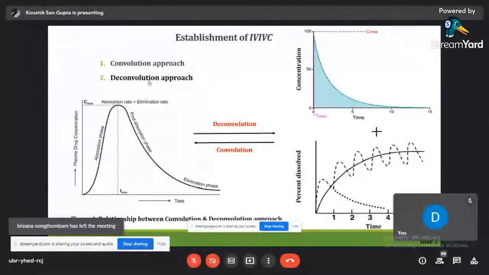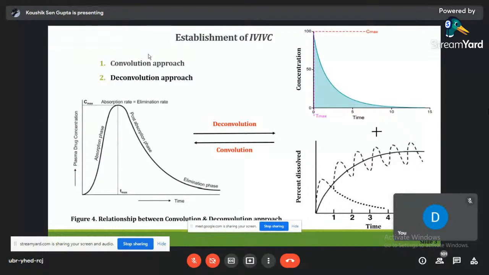In this phase, the steep rise portion is called the absorption phase. Absorption is the entry of the drug into the systemic circulation from the site of action in the unchanged form. In this first phase, the rate of absorption is much higher than the rate of elimination.